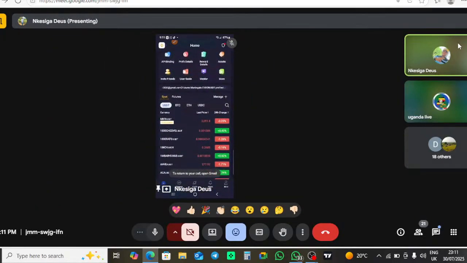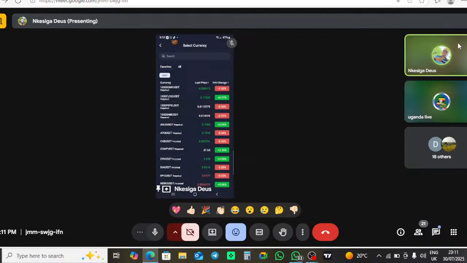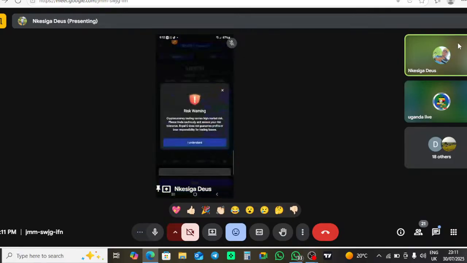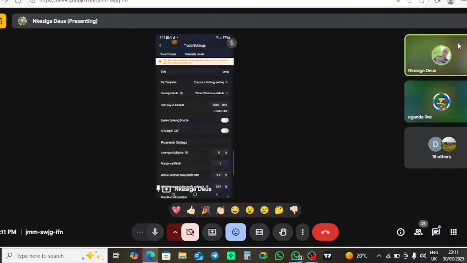Now, when you check the coins that I have been trading, my settings are already there in that coin. When I get this 45.8, I divide by this 5, which is my leverage, and I get my first buy.